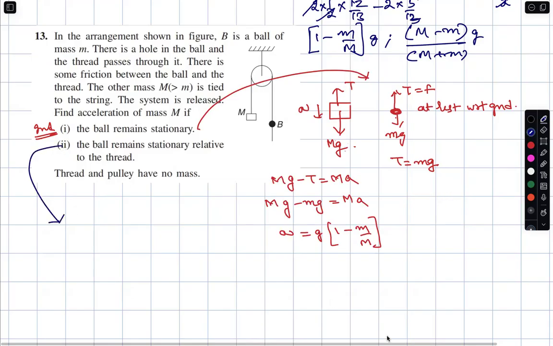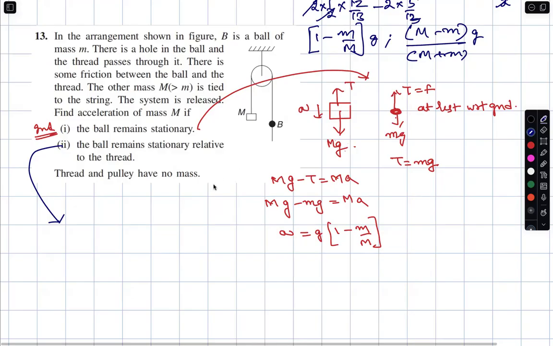Now I'll take up the other case. It is the same as the earlier Atwood's machine. Left side capital M mass, right side small m mass. Atwood's machine, simple pulley block system.